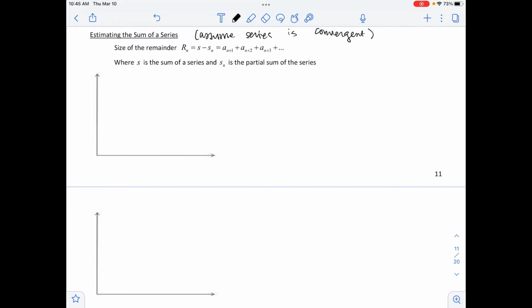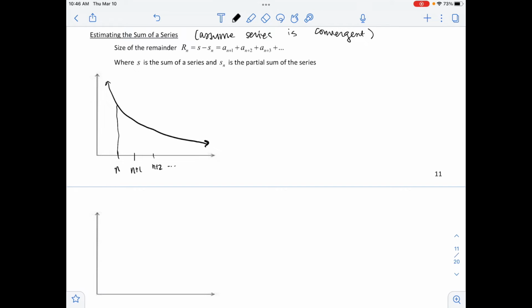So for example, I'm just going to sketch a random curve here. And I'm going to go ahead and say we'll start at n, and then we have n plus 1, n plus 2, and so on.